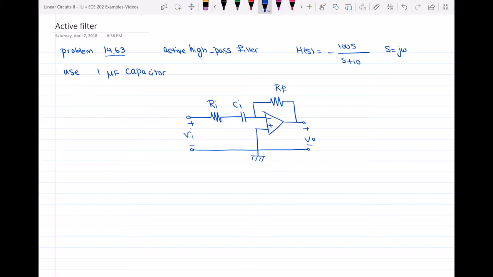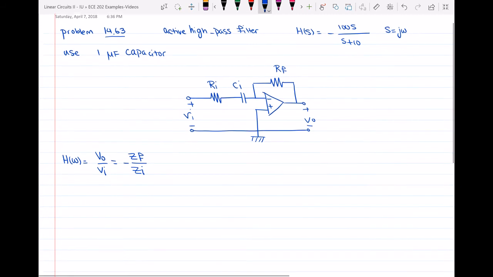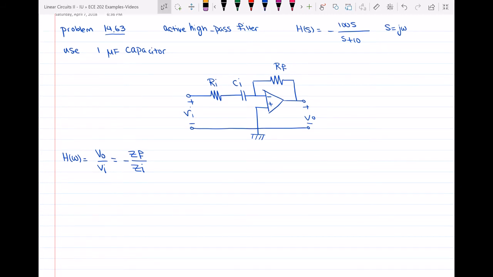So this is our high pass filter, and then we know that H of omega is equal to VO over VI in this filter, which is equal to minus the impedance at the output over the impedance of the input, as you can see in the circuit. Then we can substitute for ZF and ZI.